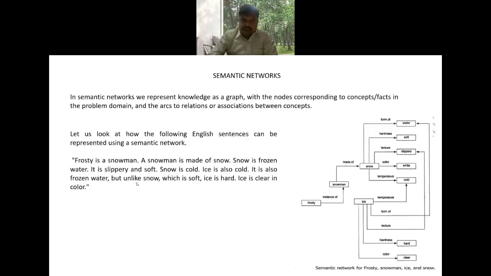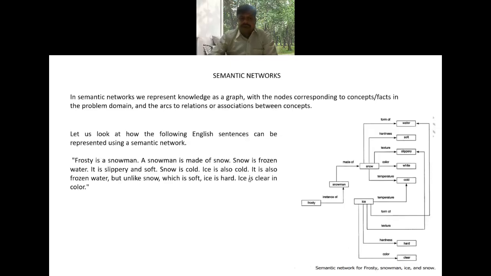If you observe, there is a logical relation between all these things. Frosty is a snowman. A snowman is made up of snow. Snow is frozen water. Snow is slippery and soft. Snow is cold. Ice is also cold. But ice and snow are different.